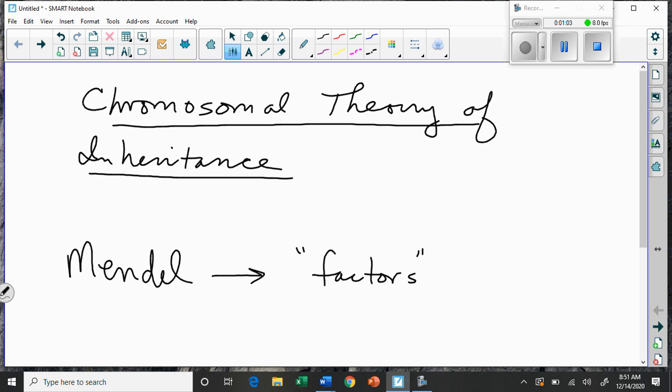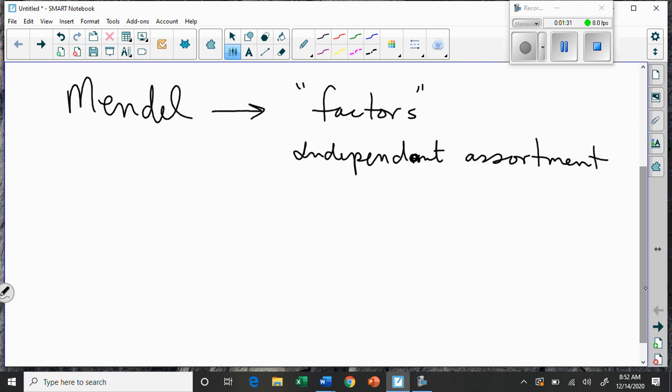So what Mendel said, remember he used the word factors. And of course, he also coined his law of independent assortment, which means he understood that these traits seem to be able to sort themselves out without being connected to each other. We know that's not entirely true anymore, because each trait doesn't exist on its own.